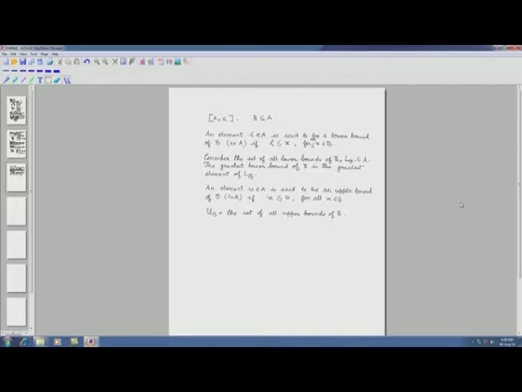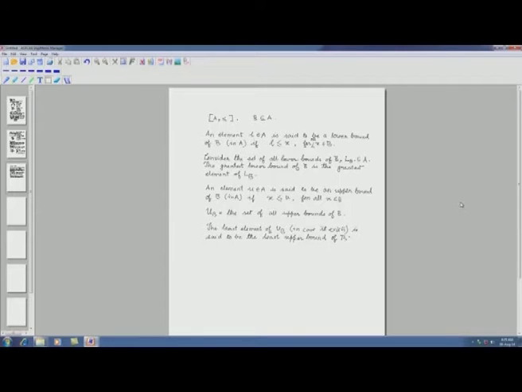So, we write, the least element of U B, in case it exists, is said to be the least upper bound of B.